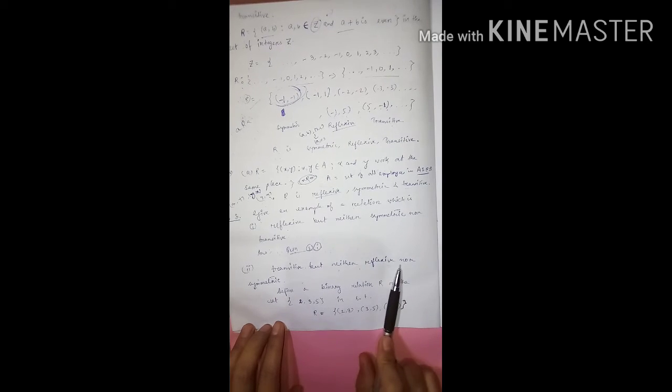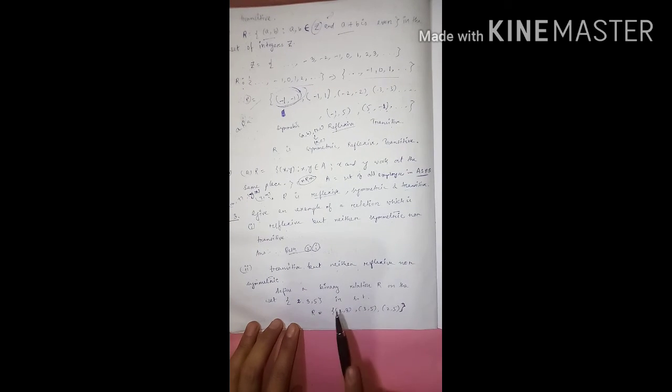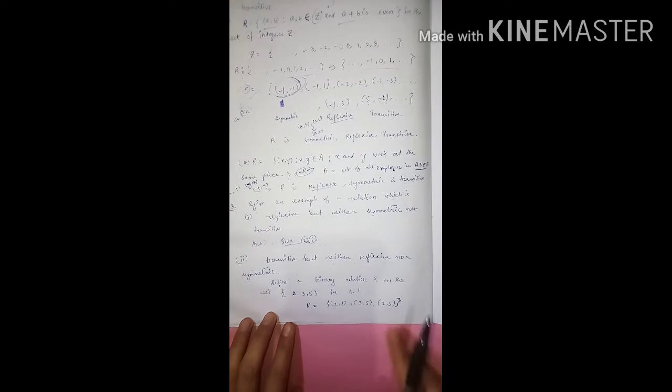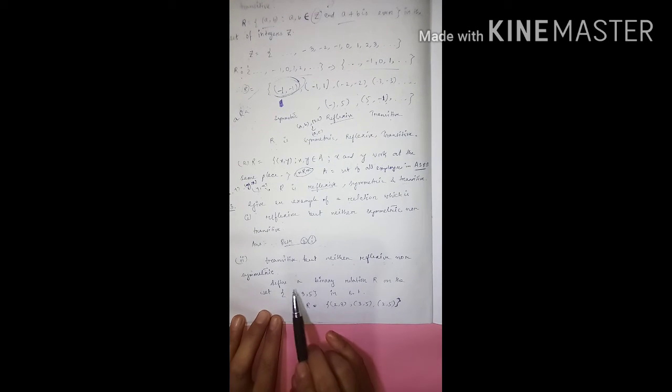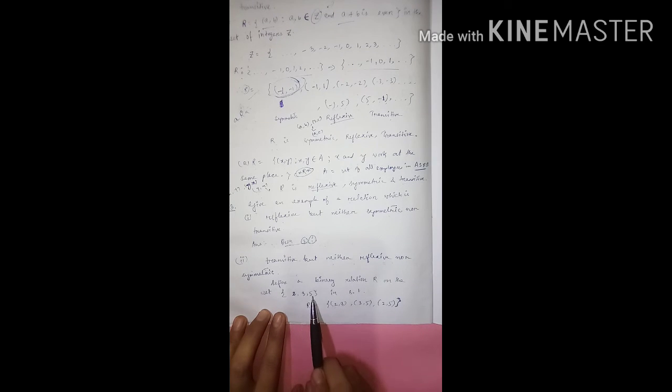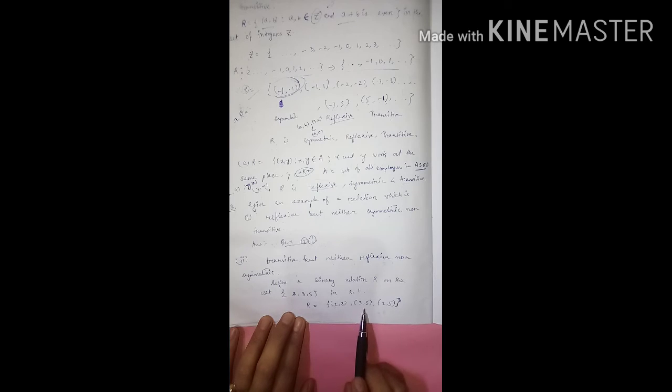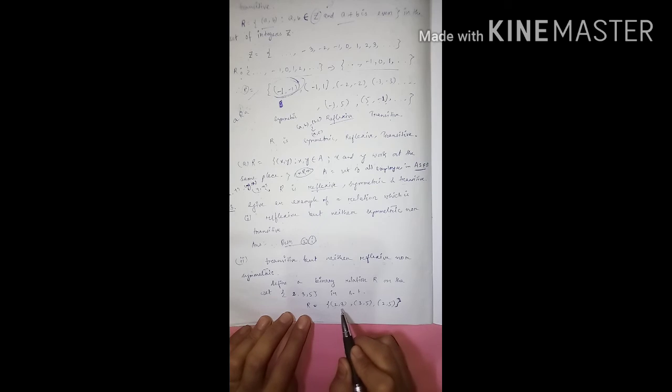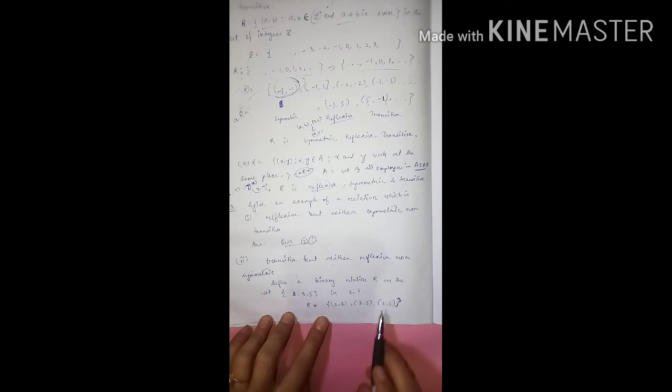You can take any one of them, but I have taken a simple one, which is we define a binary relation R on a set {2, 3, 5} in such a way that R contains the elements (2, 3), (3, 5) and (2, 5). So you can see here the elements (2, 3) and (3, 5) imply the other element (2, 5).